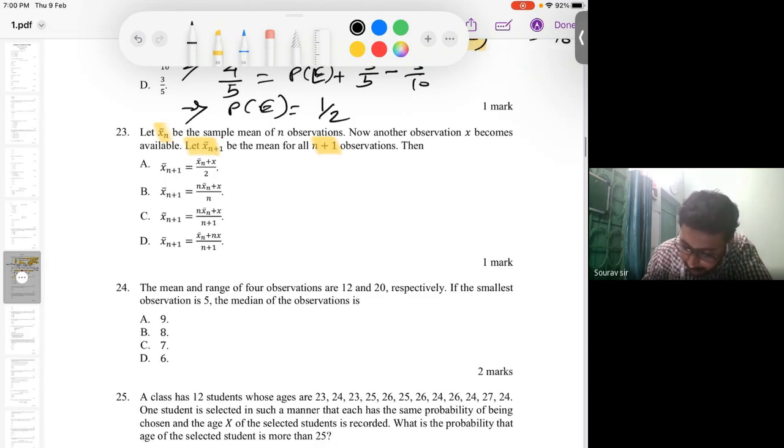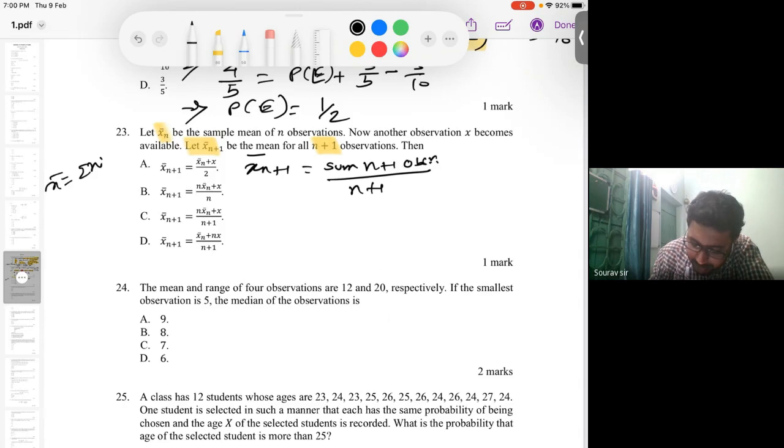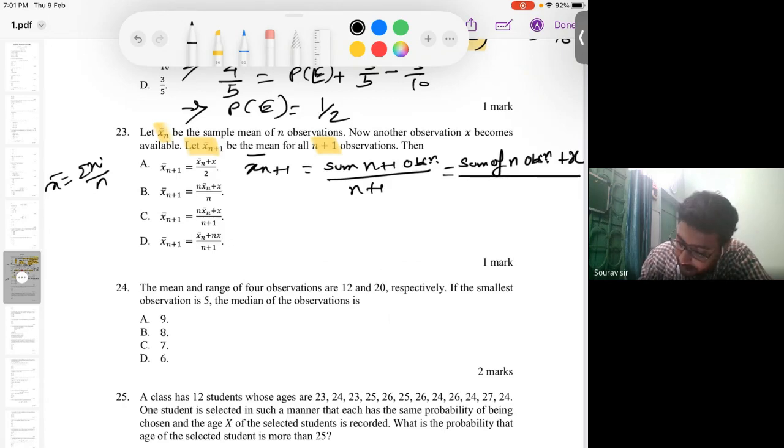So we know x bar of n plus 1 is equal to the sum of n plus 1 observations divided by n plus 1, because mean is equal to summation of xi by n, right? If we add another component here, it can be written as the sum of n observations plus x, divided by n plus 1.